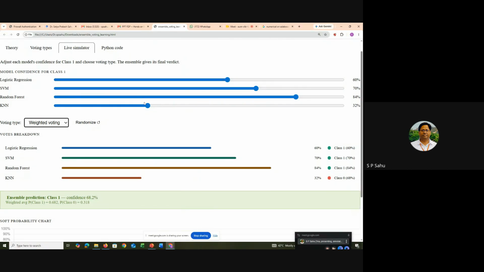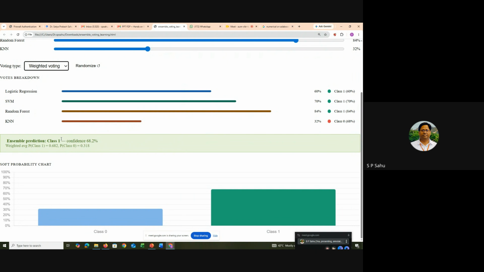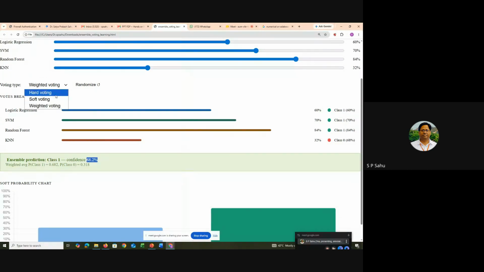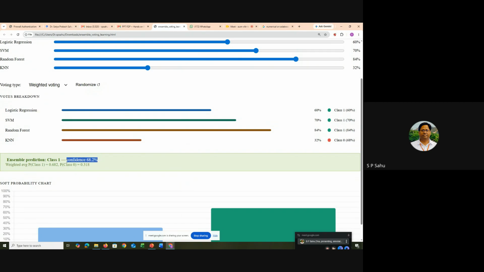So out of these four models, the one giving good, higher performance gets higher weightage. So it is giving an ensemble prediction of class 1 with confidence 68.2. However, for soft voting, it is not like that; soft voting means 61. So for weighted voting, the confidence score has increased.